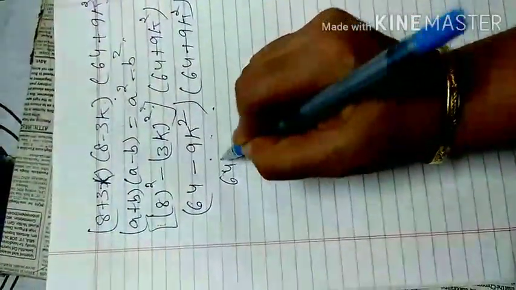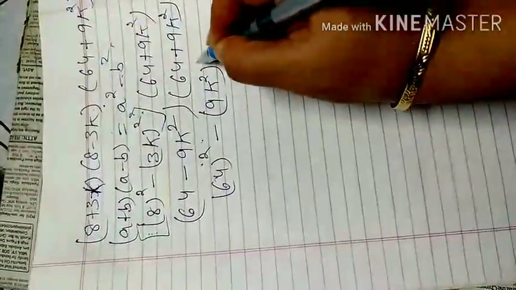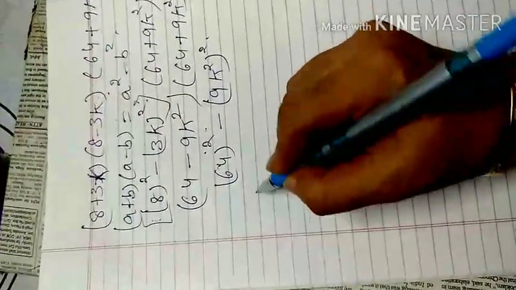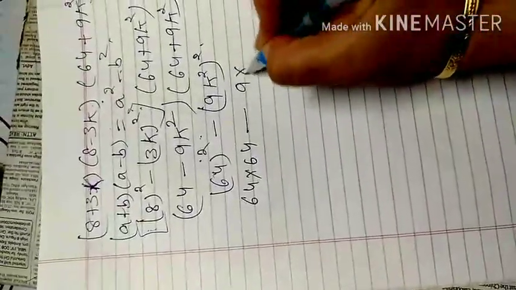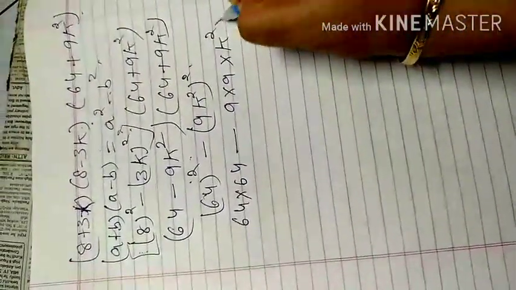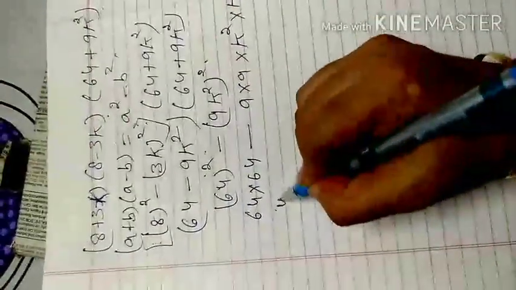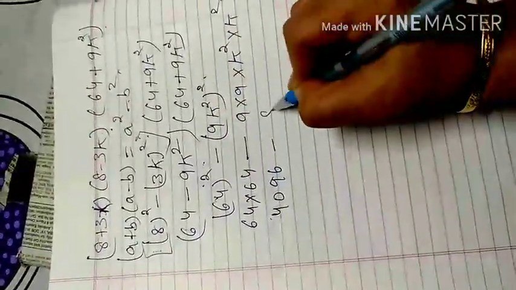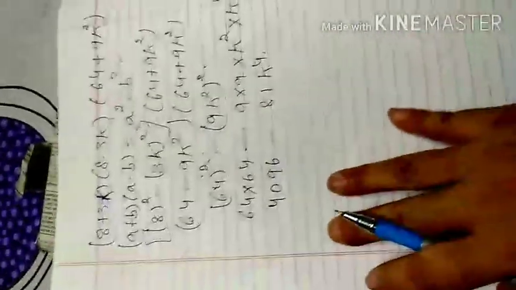We apply this formula again, 64 square minus 9k square whole square. So when you multiply 64 by 64 here, 9 by 9 into k square by k square, 64 into 64 gives me 4096, 81 k raised to power 4 is my required answer.